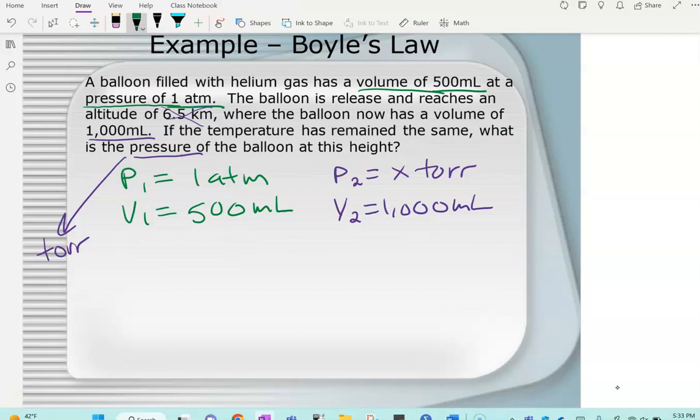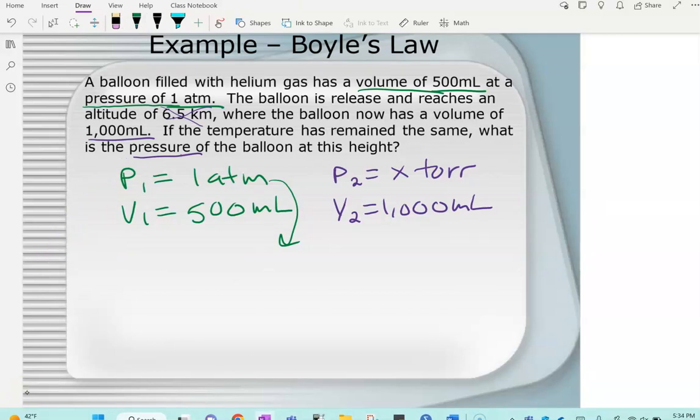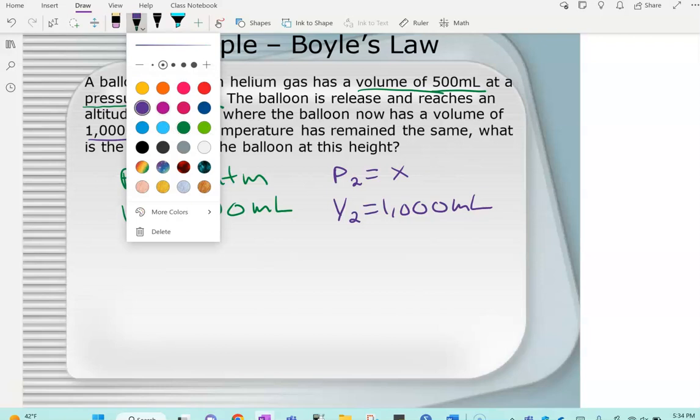However, for my pressure, right now my pressure is in 1 ATM, but my final answer, I want it in torr. So let's just say for our final pressure, we want it in ATM, just to make this a little bit easier for this example.